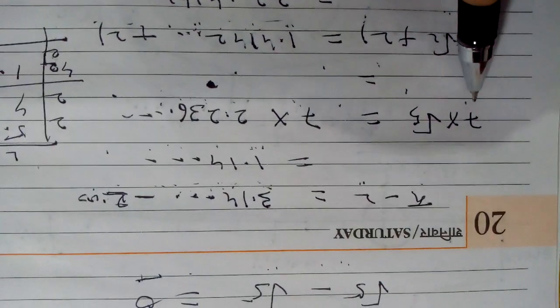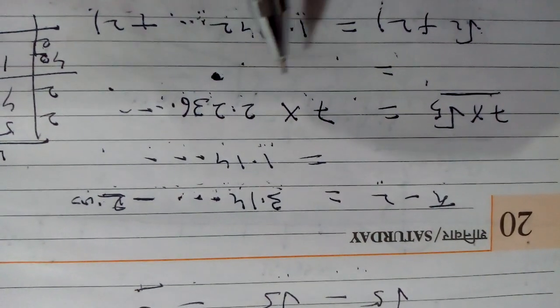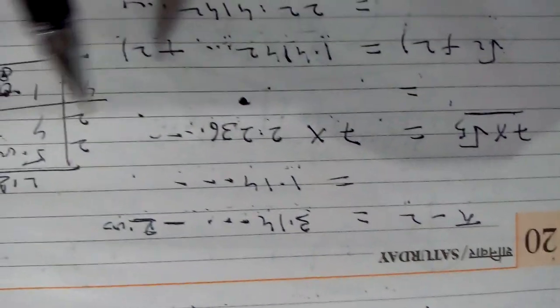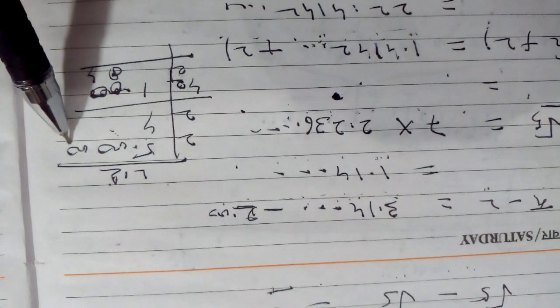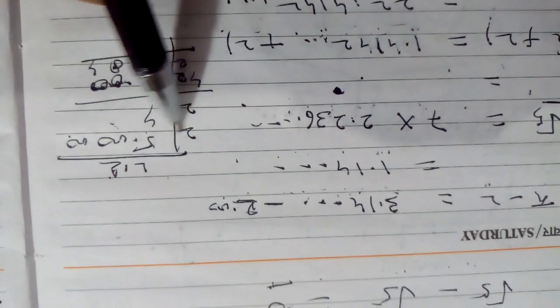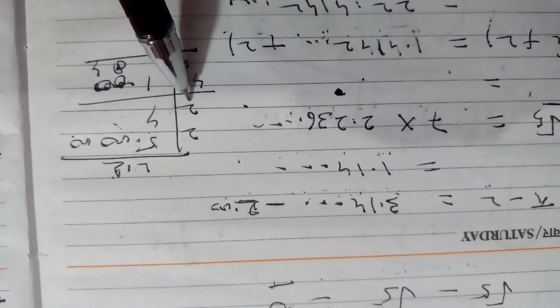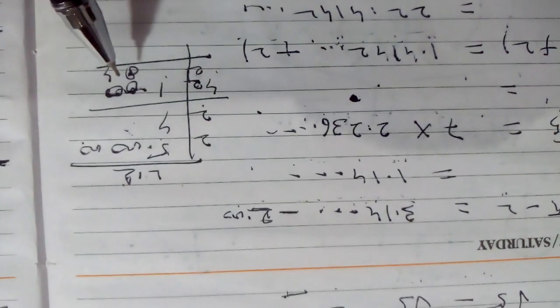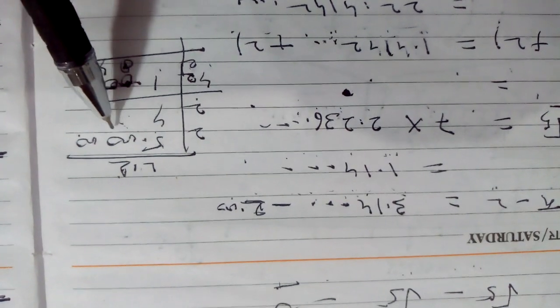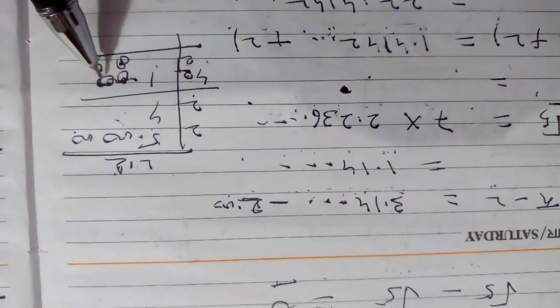Another example is given, 7 root 5. Root 5 is 2.236 when you solve it like the class 8th square root method. Root of 5 is 5.0000 after the decimal in pairs. 2 2s are 4, and then 5 minus 4 is 1. After the decimal, 00 will come, so 100 is here.